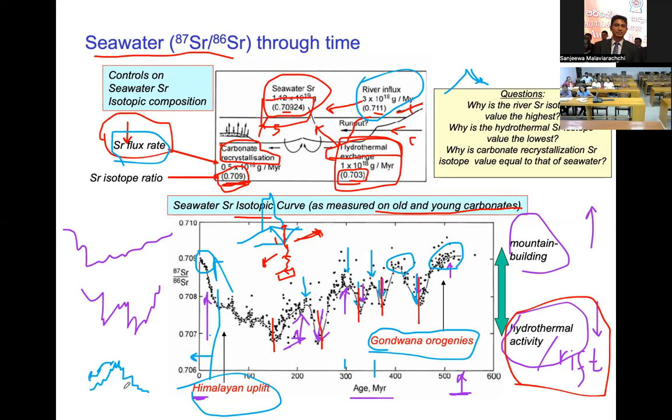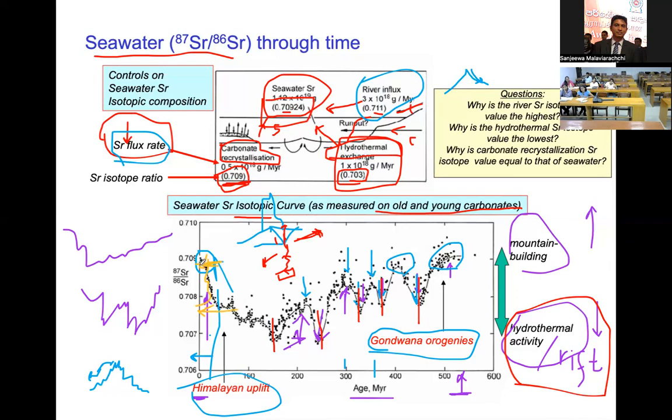But if you take this as a global average, the present-day isotopic composition of the seawater is something like here, right? Because of this Himalayan event, a huge change has happened from the previous isotopic composition. For example, about 100 million years ago, the average seawater isotopic composition was somewhere here, but now it's here, but still it remains as it is.